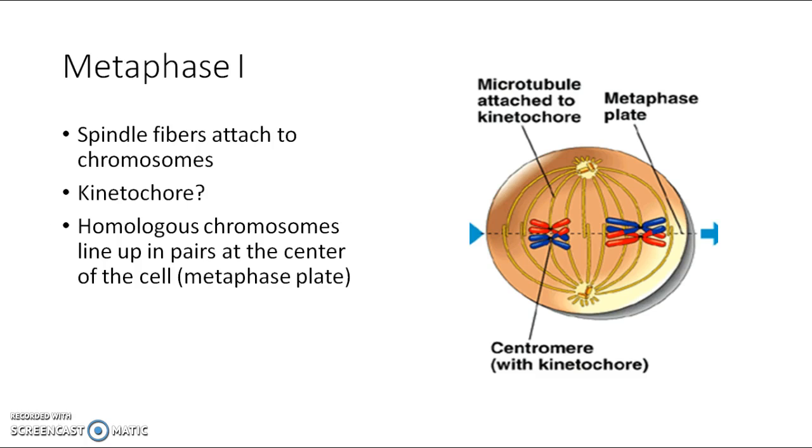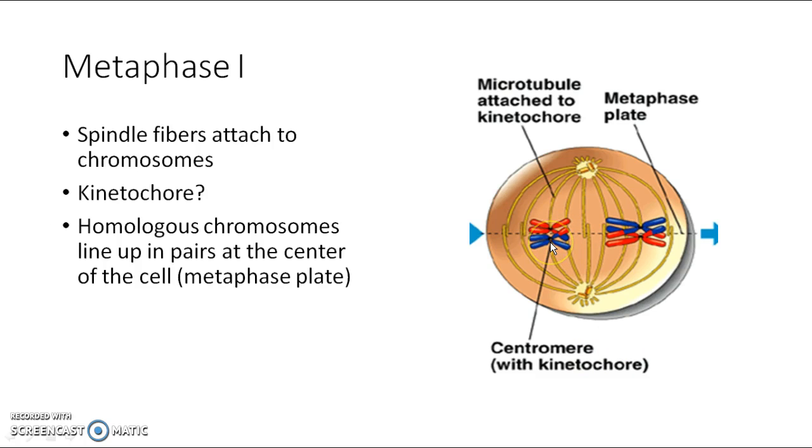Now, during metaphase 1, we see the pairs of homologous chromosomes line up at the center of the dividing cell along the metaphase plate, and the spindle fibers have attached and actually pushed those chromosomes to the center of the dividing cell. Now, you'll see the word kinetochore in this diagram. You can just ignore that.